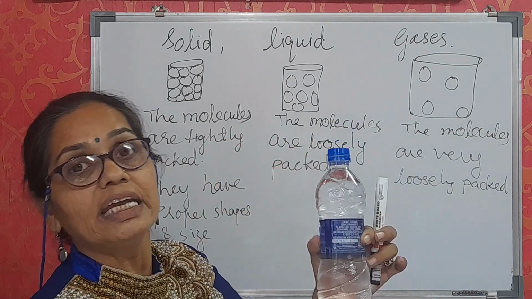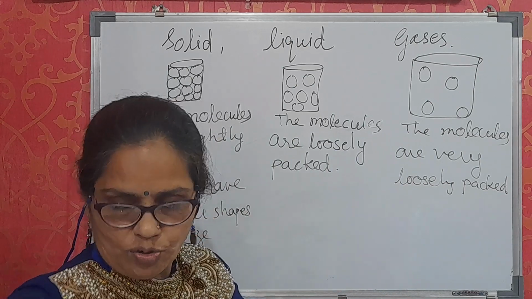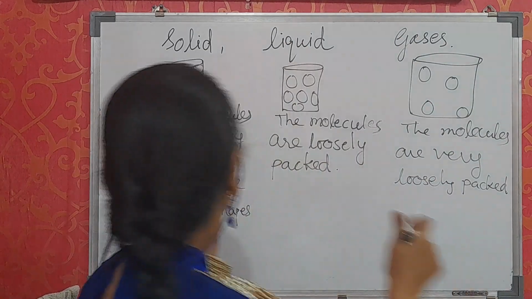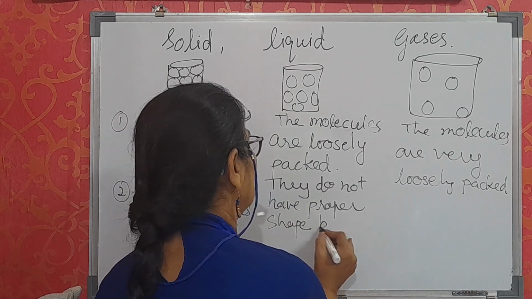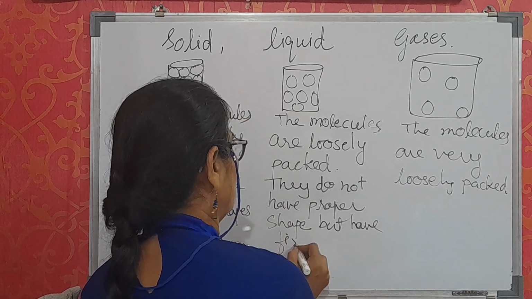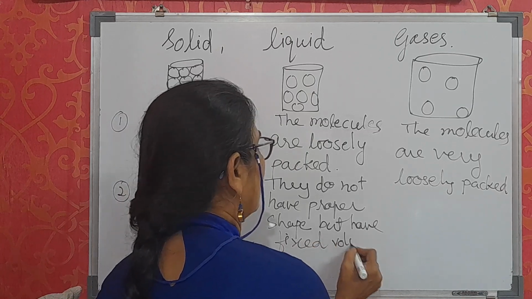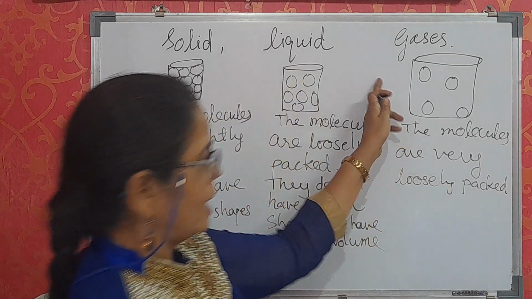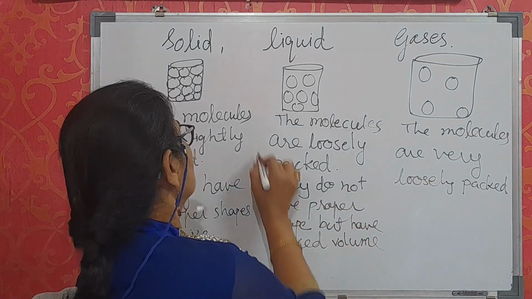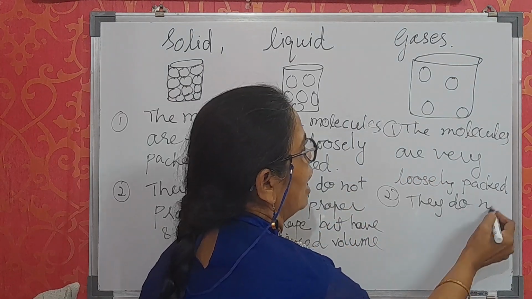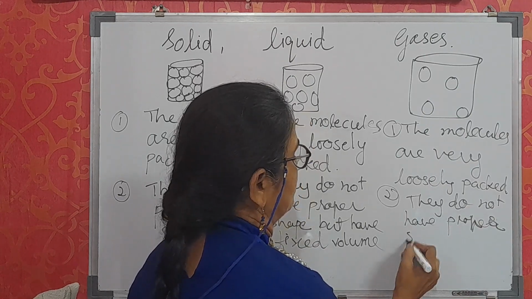That means it has fixed volume. So liquids do not have proper shape but have fixed volume, as I have explained. Right? And gases? Even the gases do not have proper shape.